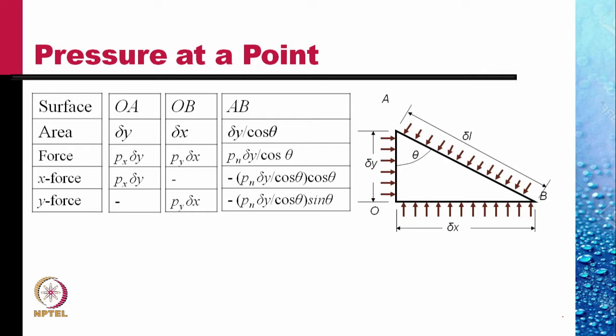If the pressure on the surface AO is Px horizontally and on surface OB is Py vertically, and on surface AB it is Pn normal to the surface, then the x component of forces on the three surfaces are Px delta y, 0, and minus Pn delta y divided by cosine theta, which is the total force multiplied by cosine theta, the horizontal component.